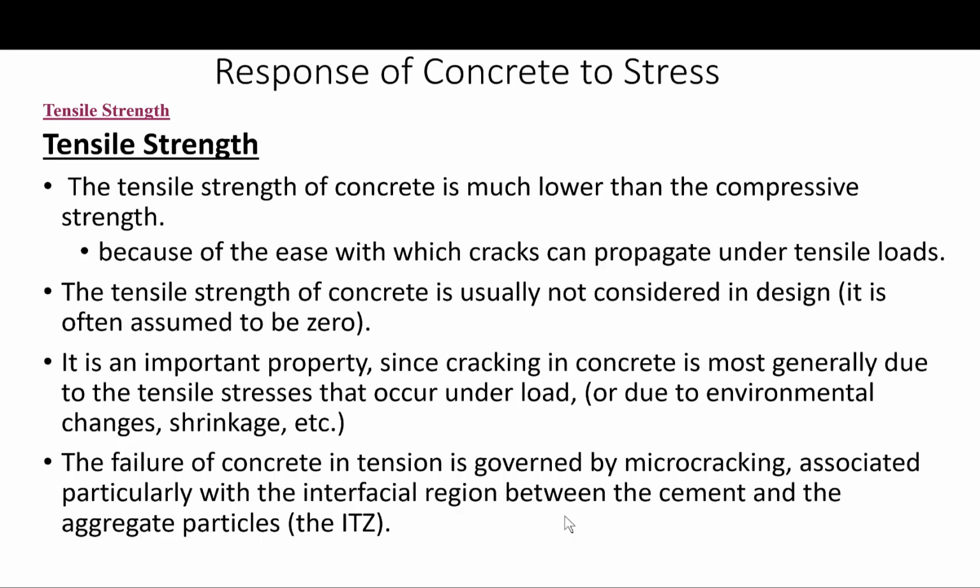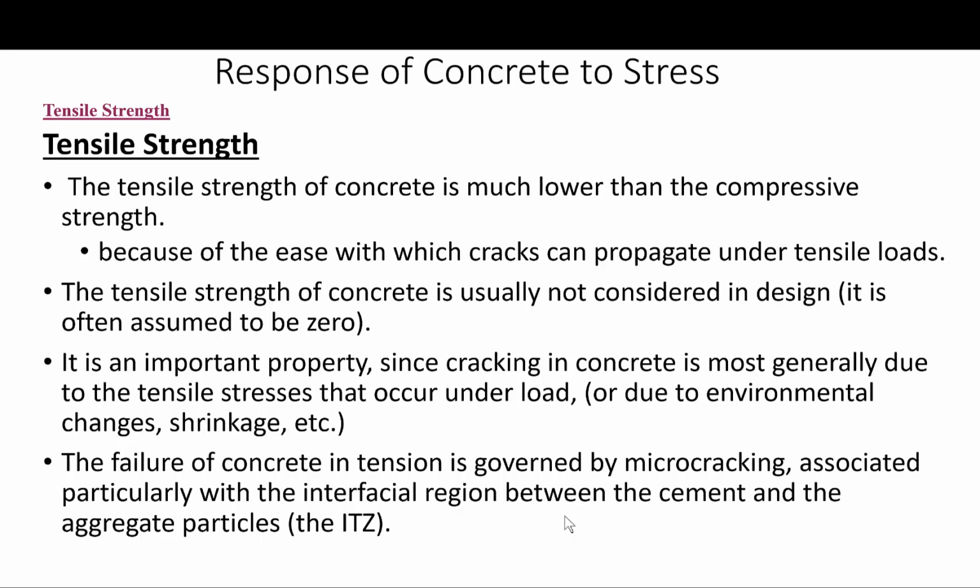If you have already taken reinforced concrete design, you know that it is often assumed to be zero. However, it is an important property since cracking in concrete is most generally due to the tensile stresses that occur under load or due to environmental changes, such as shrinkage and thermal changes.